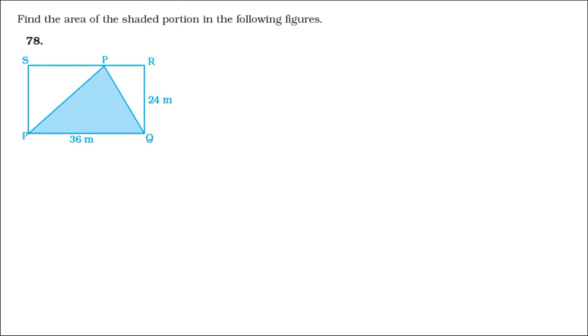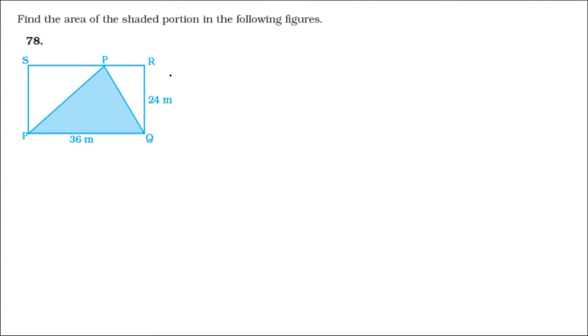Question number 78. We need to find the area of the shaded portion in the given figure. To find the area of the shaded portion, first we can find out the area of the triangle.